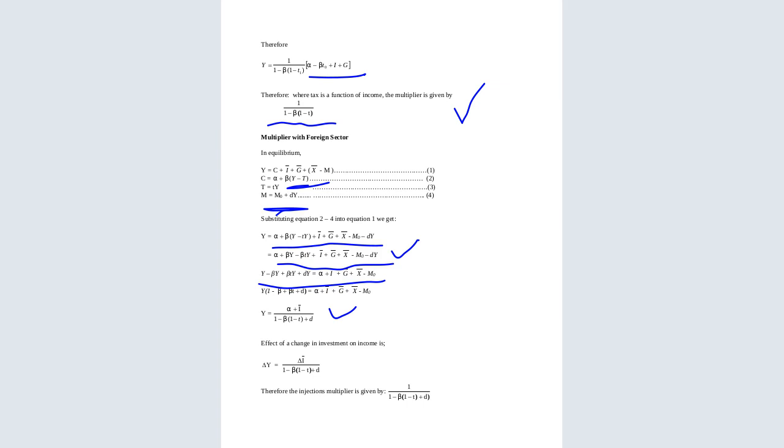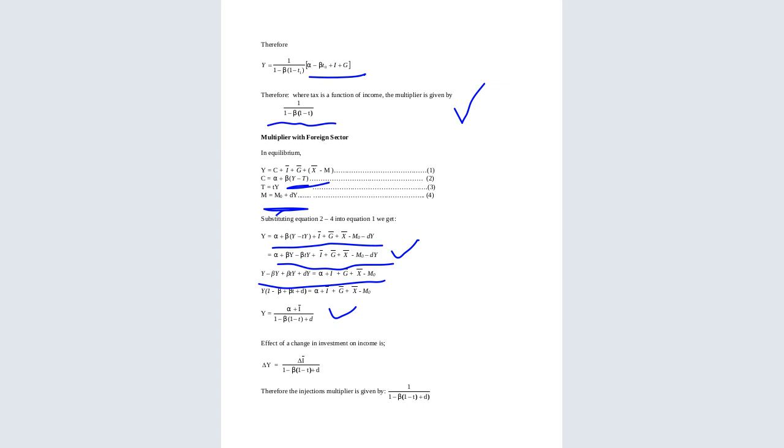So we can compute the change in income over the change in investment. So we can have an extended multiplier, which includes the foreign sector.